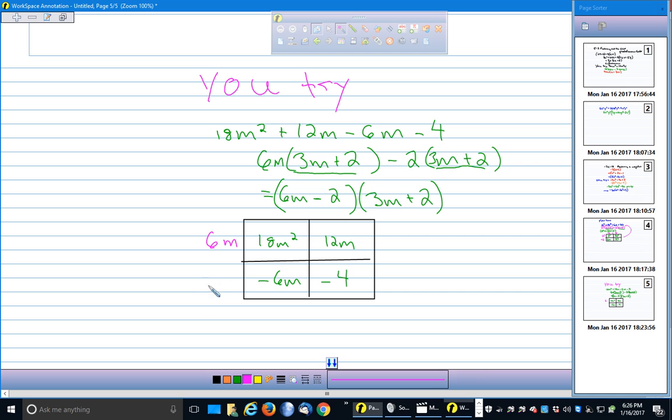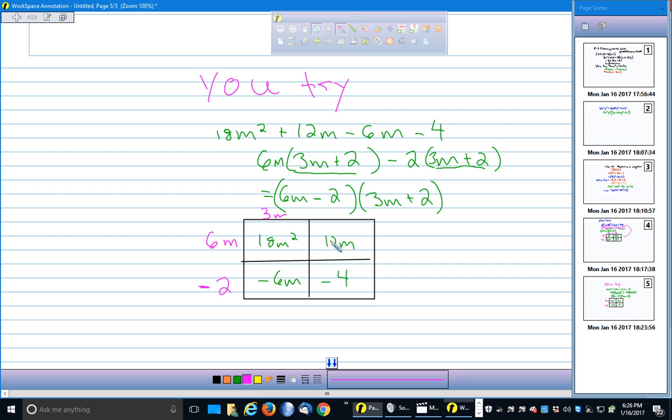And out of this row, I usually want to pull out the negative sign, because that makes my life a little bit easier. And I could just pull out a 2 from both of those, right? And then I say, I could pull out a 3m this way, or I can just say, what do I need to multiply 6m by to make it into 18m squared? Well, that's a 3m, right? And that would be the same as, what do I need to multiply negative 2 by to make it into negative 6m down here, and that as well is a 3m.